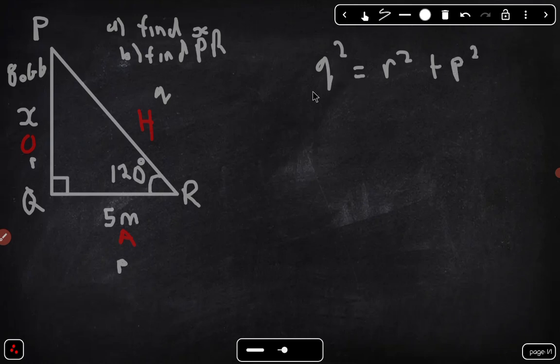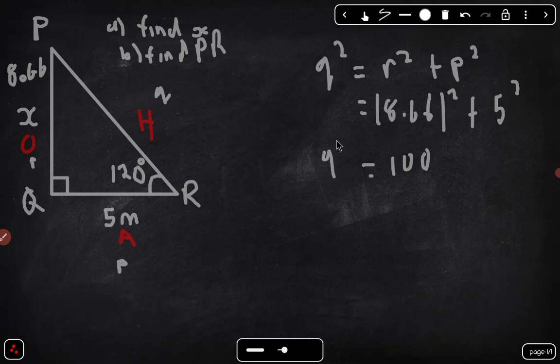Then Q squared is what you're finding as PR, so R would be 8.66 squared plus P, that will be 5 squared. So you perform this, 8.66 squared plus 5 squared, that will give us 99.99, which is basically just 100.